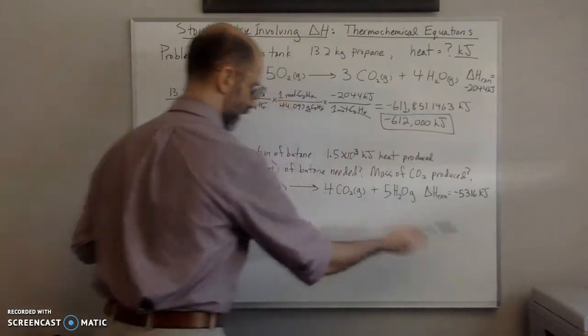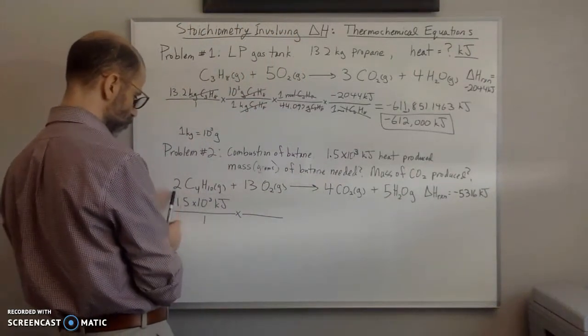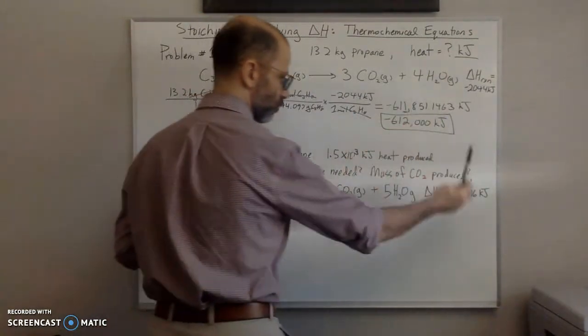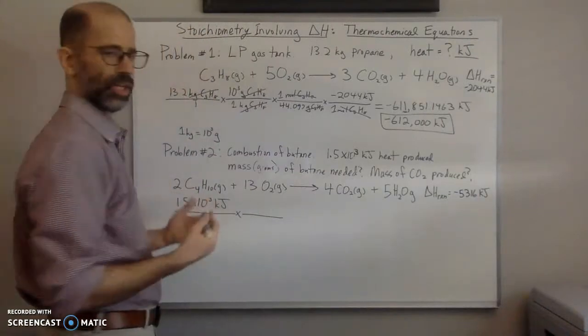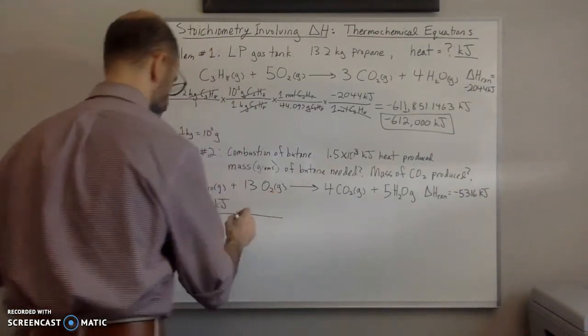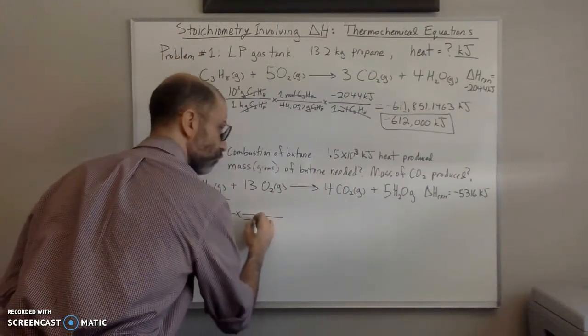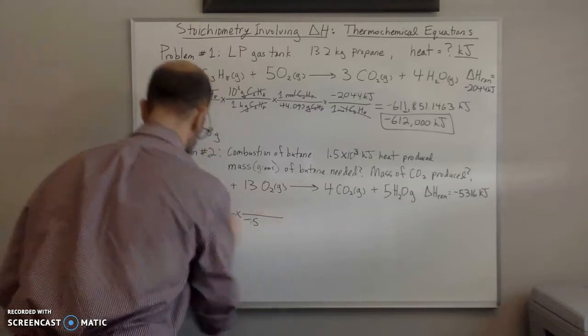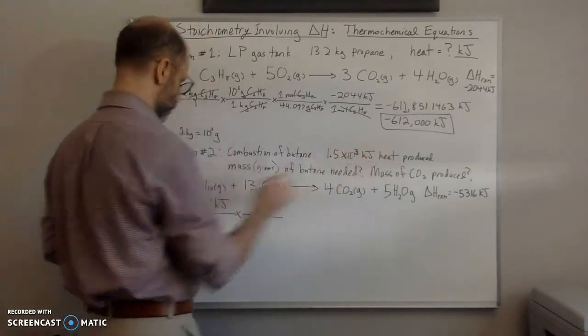So we know that 2 moles of butane is related to negative 5,316 kilojoules. So we can use that as a conversion factor. Kilojoules is on top, so I'm going to put negative 5,316, and this is negative because this is the amount of heat produced.